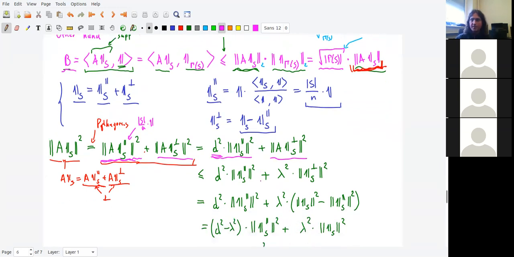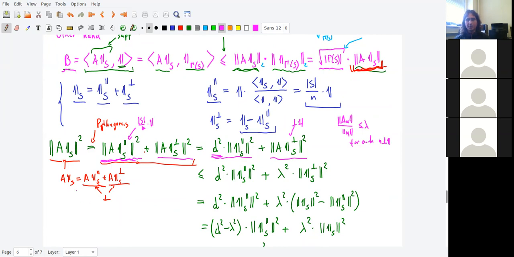Now comes the spectral part. Namely, we know that this vector is orthogonal to all ones. So application of A can prolong the length of this vector by at most a factor lambda. This is the fact that the norm of A applied to U over the norm of U is at most lambda, for each U that is orthogonal to all ones.